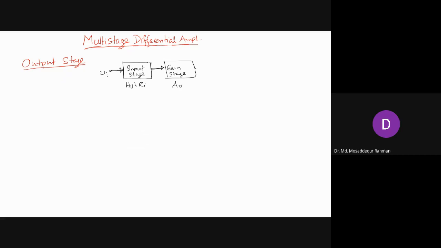And then you have the DC voltage level shifter. And then you have the output stage. Then you have the V naught.